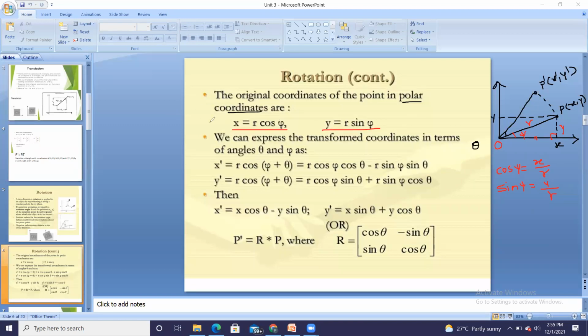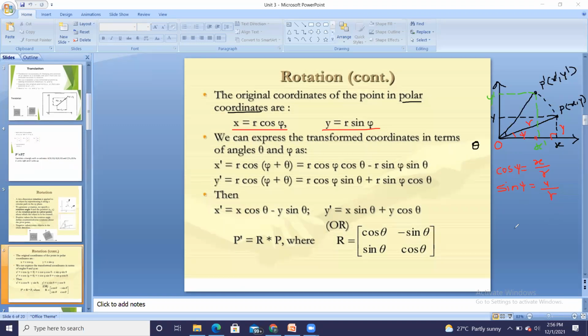Okay, so once I get this, I can find x dash and y dash in the same manner. I will use some other color. So x dash is what? Its perpendicular value on the x axis and the perpendicular value on the y axis. So this is your x dash and this is your y dash.